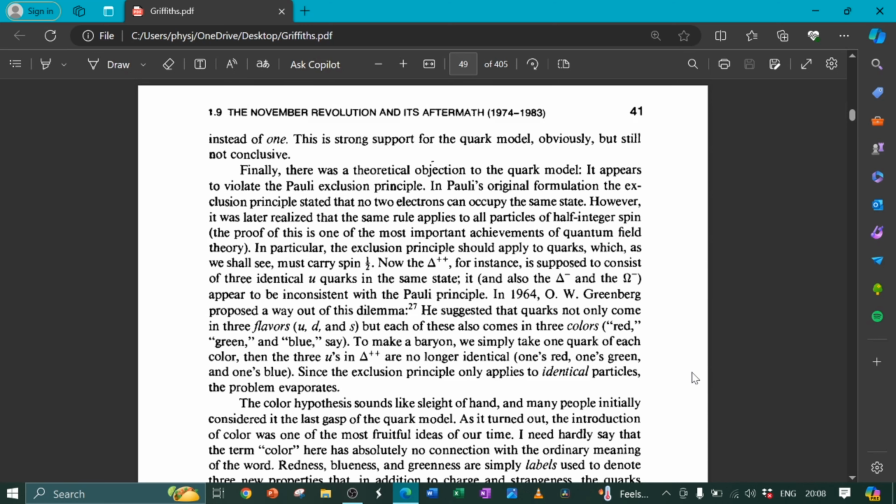To make a baryon, we simply take 1 quark of each color. Then the 3 U's in delta++ are no longer identical. One is red, one's green and one's blue. Since the exclusion principle only applies to identical particles, the problem evaporates.